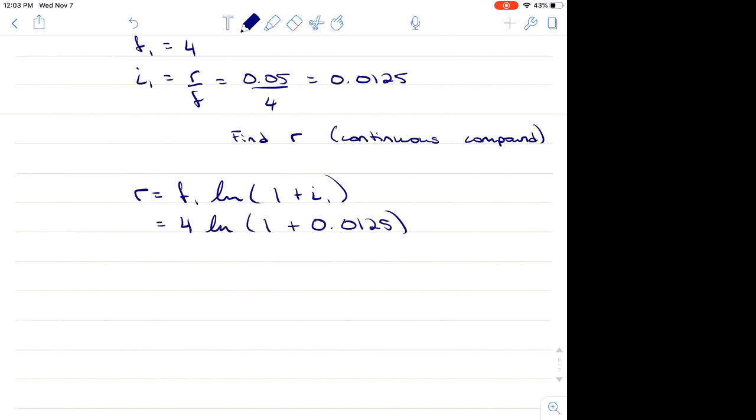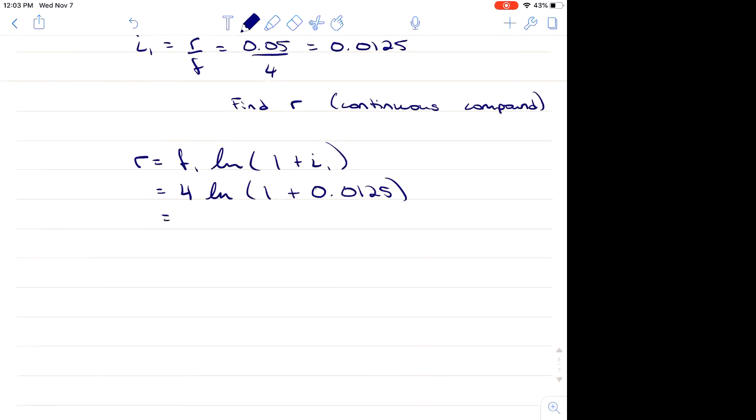Take the log of that times 4. I have a rate of 0.049690008.